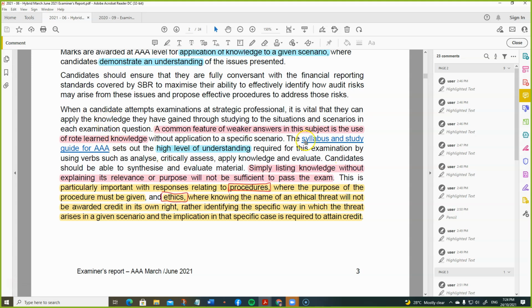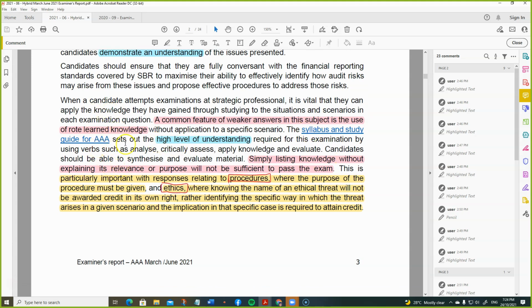It says here, the syllabus and the study guide for AAA sets out a high level of understanding required for this exam. And the pink one again, simply listing knowledge without explaining its relevance or the purpose, that's understanding, will not be sufficient to pass the exam. For example, when you're dealing with audit procedures here, I put a box there in red. It says you need to put down the purpose.